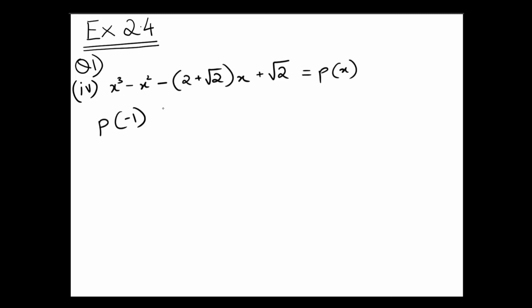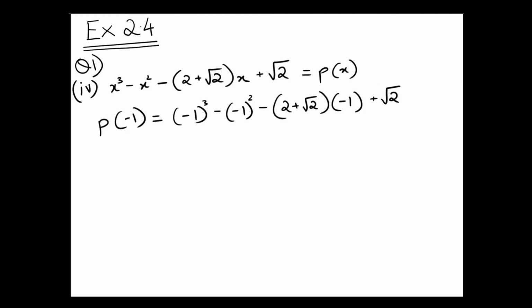Again, to check whether x plus 1 is a factor, we'll take out p of minus 1 which in this case would be minus 1 whole cube minus of minus 1 square minus of 2 plus under root 2 into minus 1 plus under root 2. This will result in minus 1 minus 1 again.